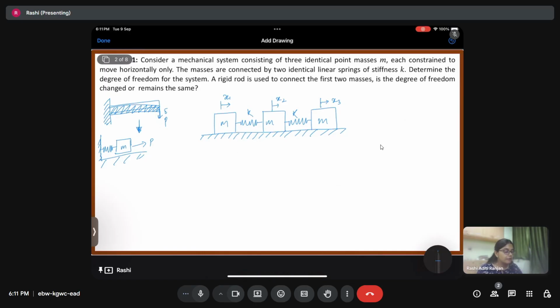Now we need to find out the degree of freedom. I don't know how many equations I should write or how many independent coordinates are required. So there is a basic rule.